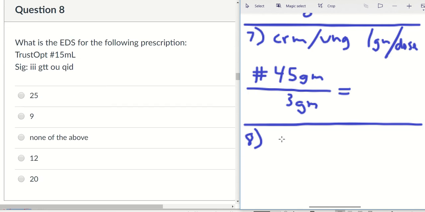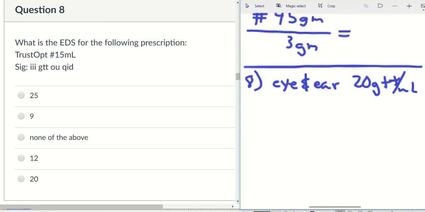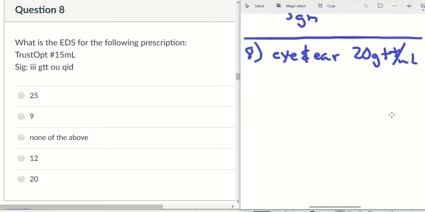Eyes and ears. So these are drops. Our estimation is 20 drops per ml. So do not get confused with micro drip. What's the conversion factor for micro drip? 60, right? 60. And that's for flow rate, drip rate.